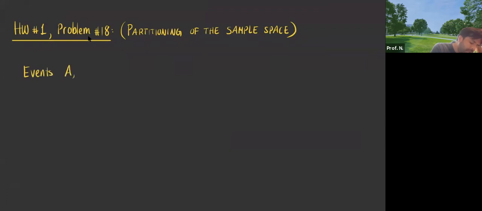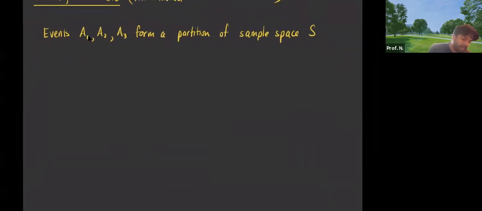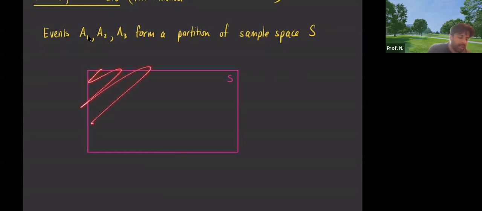Events A1, A2, A3 form a partition of sample space S. Now I want to draw this sample space as a rectangle. So my sample space is everything that can possibly occur in my probability experiment. And then A1, A2, and A3 are partitions.